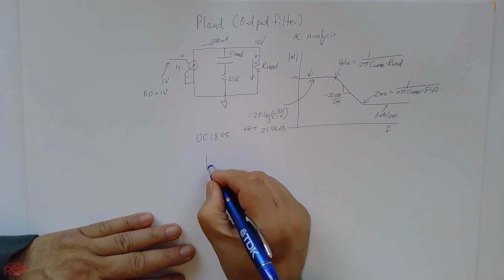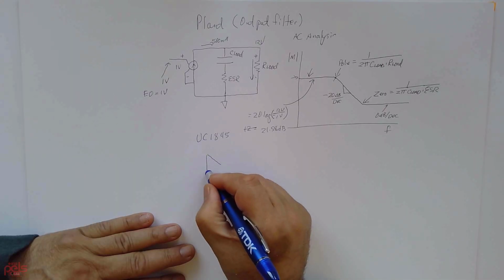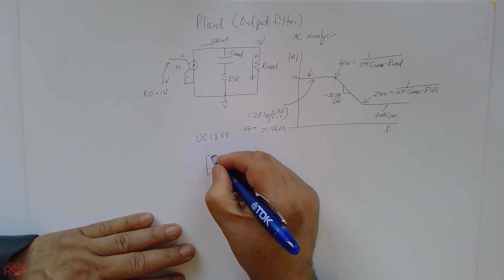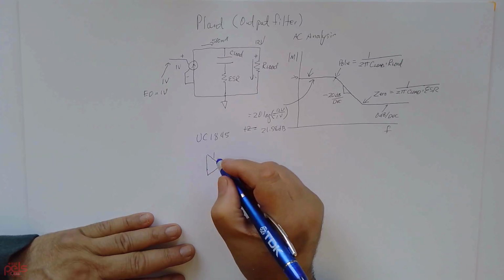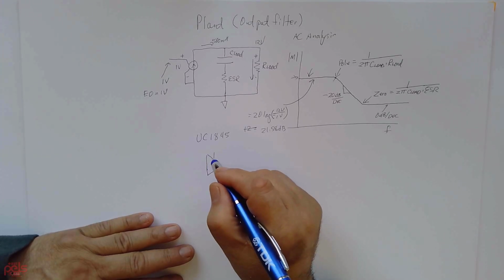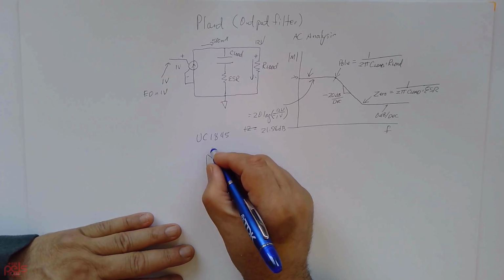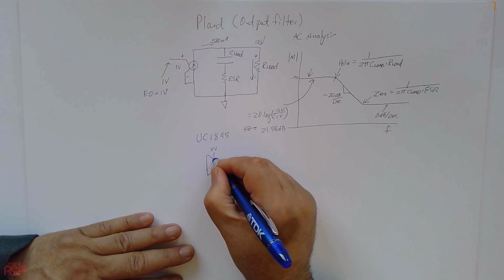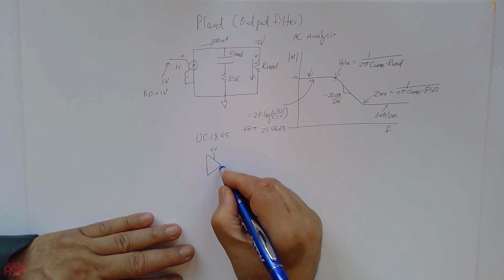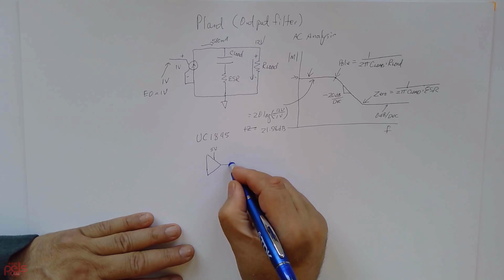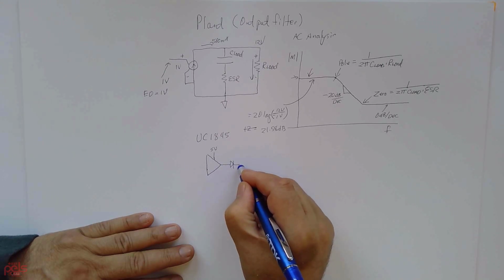Inside there's an op amp, and typically, if you look, it says that it has a 5 volt reference, so you're going to have about 5 volts powering the op amp. And then if you look in the data sheet, it's got 2 diodes.